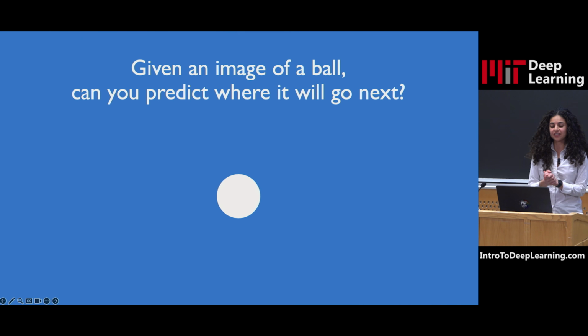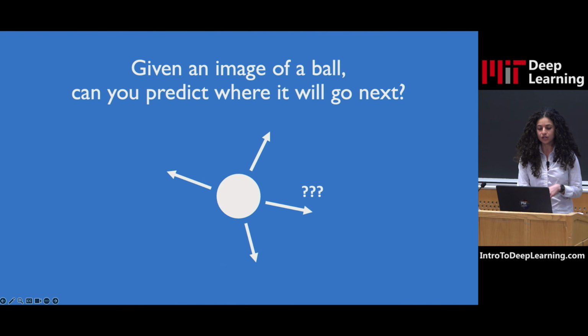To first set the stage, what I always like to do is to motivate this notion of sequence modeling and sequential data with a very intuitive example. Super simple one. Let's say we have this image of a ball in 2D space, and our goal is to predict where the ball is going to travel next. Now, if I didn't give you any prior information about the ball's history, its motion in this 2D space, any guess you place on the next position of the ball will be a random guess.